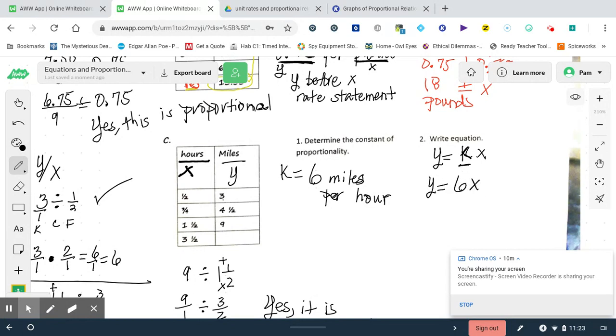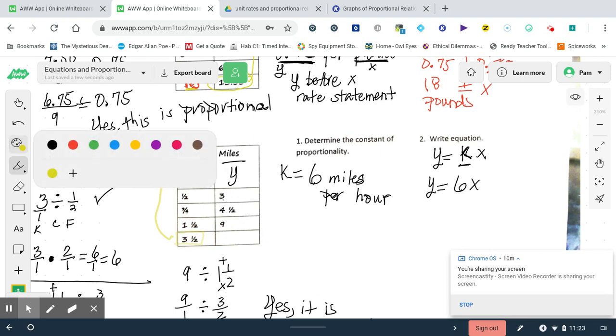And then I just need to go back over here and fill in the missing value from the table. All right, so I have 3.5, but 3.5 relates to hours. It's your x, it's your unit of time.